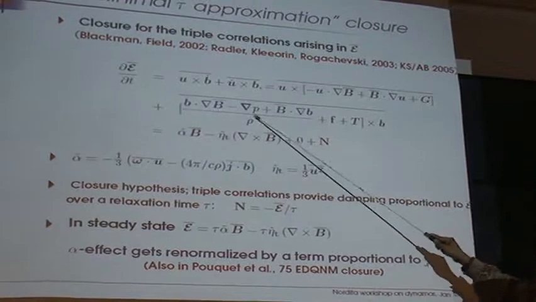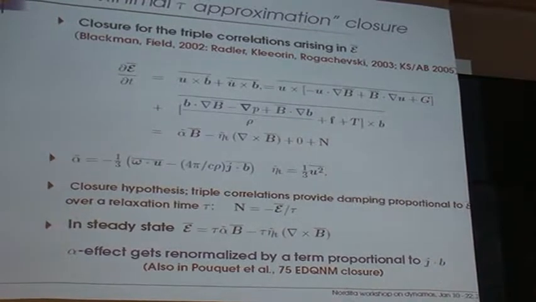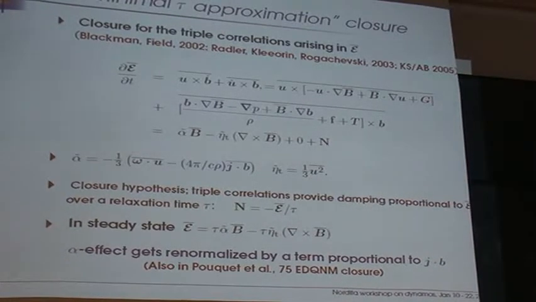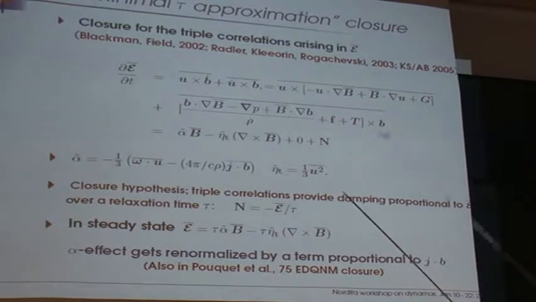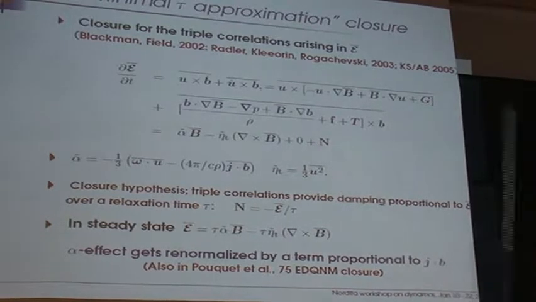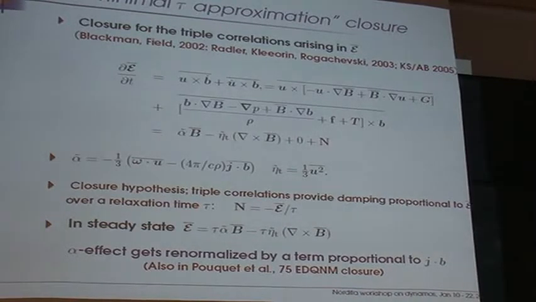There's the gradient of pressure and there's the divergence of u equal to 0 constraint on the whole system. And it turns out, and I've done it in different ways, magically, the term due to the pressure and the contribution to the turbulent diffusion due to the small scale magnetic field cancel. And in this approximation, there is no correction due to the small scale fluctuating magnetic field to the turbulent diffusion type of term.